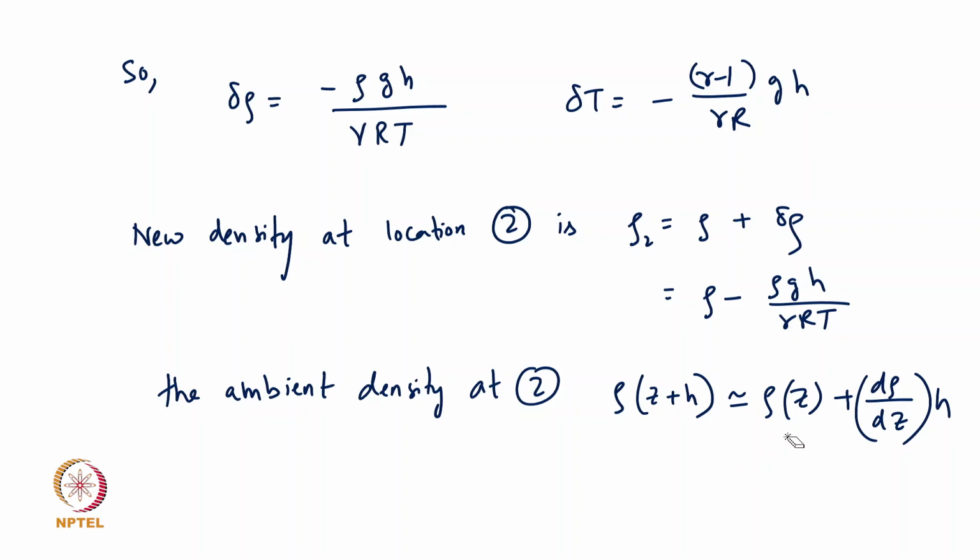However, the new density that is acquired by the parcel is rho 2. This is purely due to gravity, and because it has now moved to a location of different density, it will face a force, because the ambient is of different density than its own.